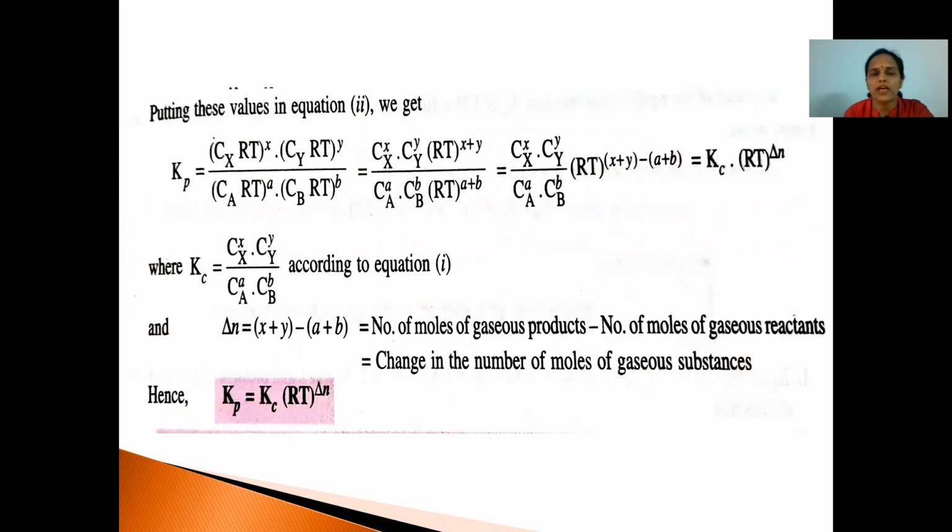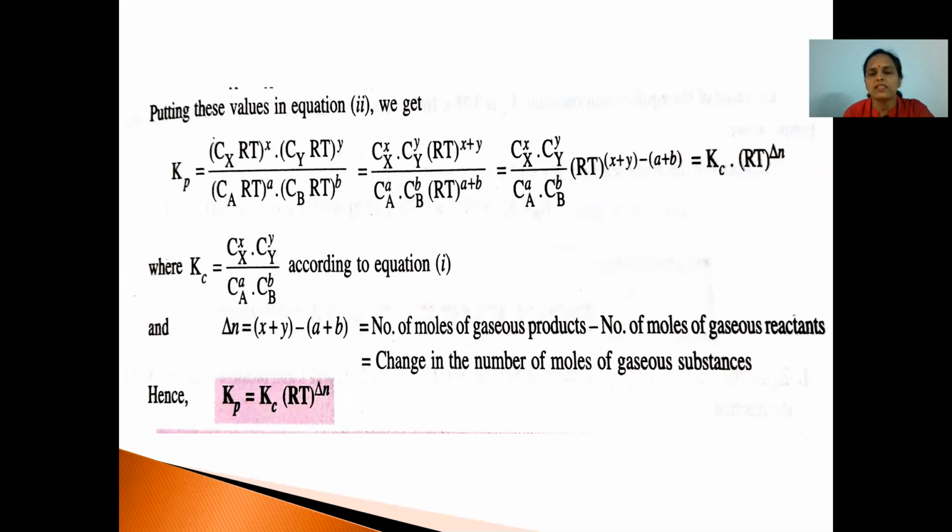Now, when you put these values in equation 2, we get Kp equals Cx RT to the power x into Cy RT to the power y divided by Ca RT to the power a into Cb RT to the power b.